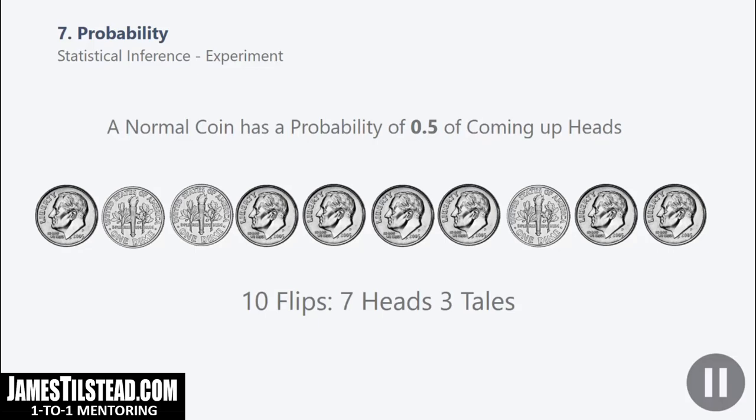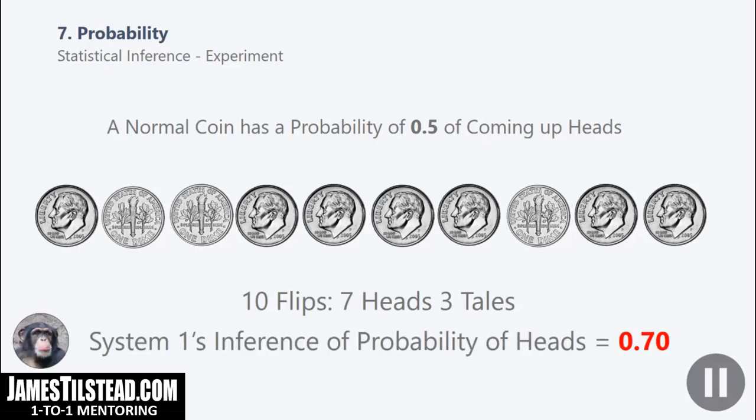System 1, however, does make an inference, simply meaning that it infers or assumes something, or at least it would if it wasn't already so familiar with coin flips like this. System 1's inference of probability in this case would be 0.7, in that there seemed to be a 70% chance of the coin coming up heads.